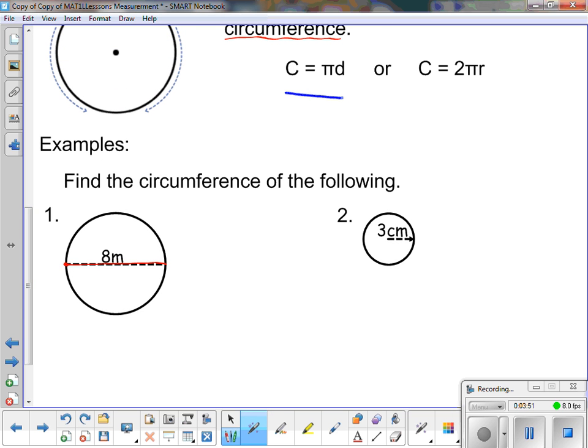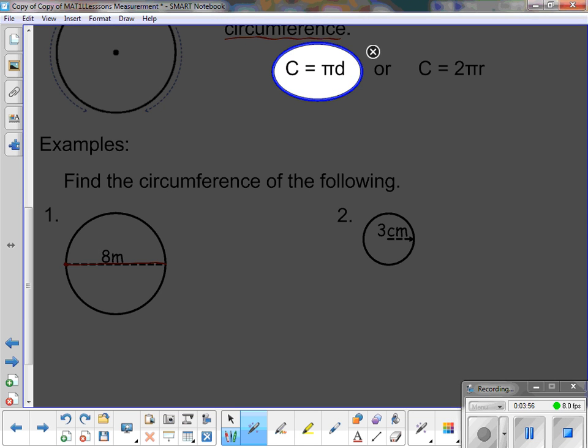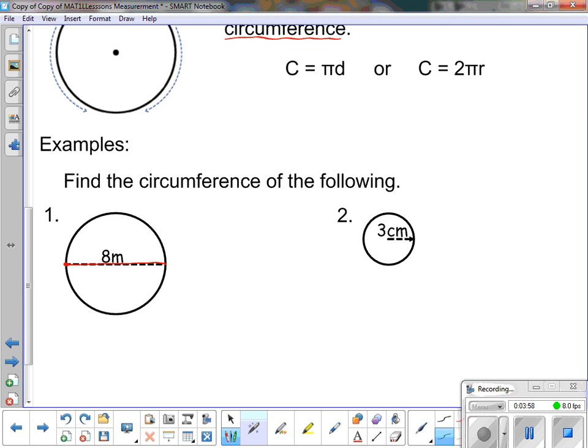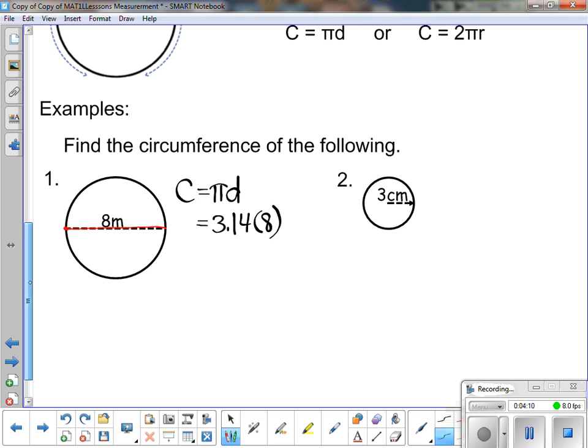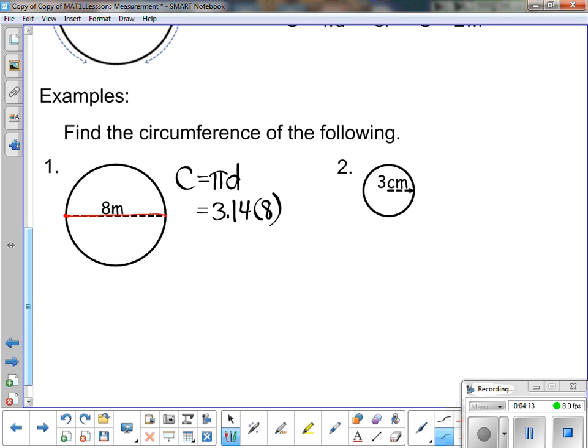At the very top there, you can see this is the one that I want to use: pi d. I'm going to write down the formula because it's way up there and harder for me to read. I'm going to put 3.14, because that's pi, times 8. Notice I'm not putting a times sign, I'm just putting a bracket, because when two numbers are together, we know that means they're being multiplied.